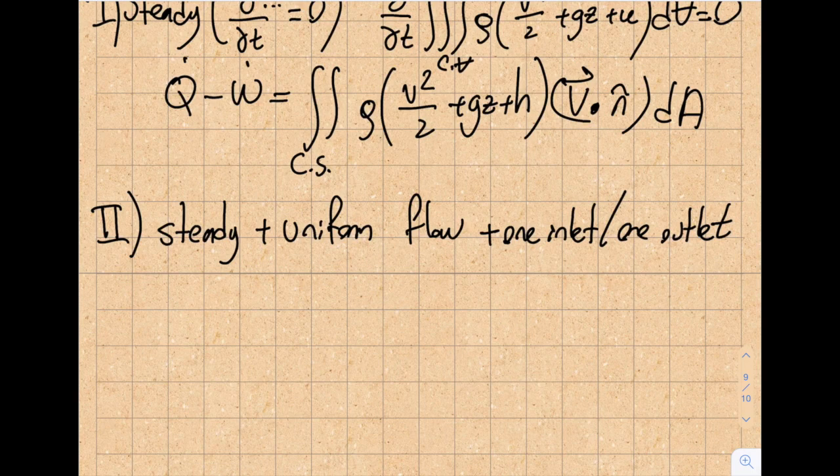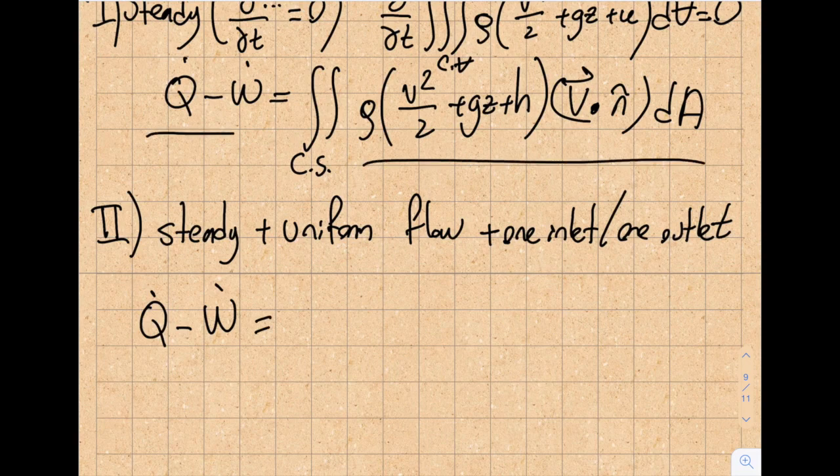So if I look at this equation, what will happen is this: Q dot minus W dot. I'm going to start with this equation, and on the right hand side, by having uniform flow, I will be able to get rid of the double integral and go to the summation sign. However, there's only one inlet and one outlet, so I don't really need the summation sign.